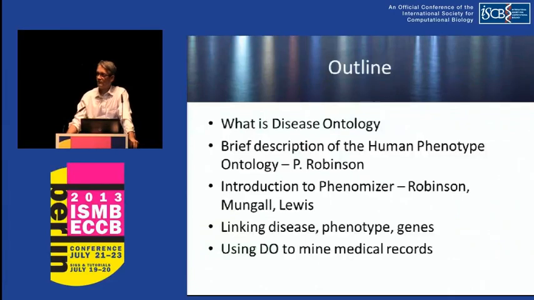So what I'm going to briefly do is go through what is disease ontology. I was happy to see that disease ontology was a large one of the bubbles for MalaCards. Then a brief description of human phenotype ontology, which is work that Peter Robinson here at Charité in Berlin has been pushing forward, and then talk about Phenomizer, which Peter's been developing along with Chris Mungall, Suzanna Lewis, Monte Westerfield, and I think a number of other people in the community.